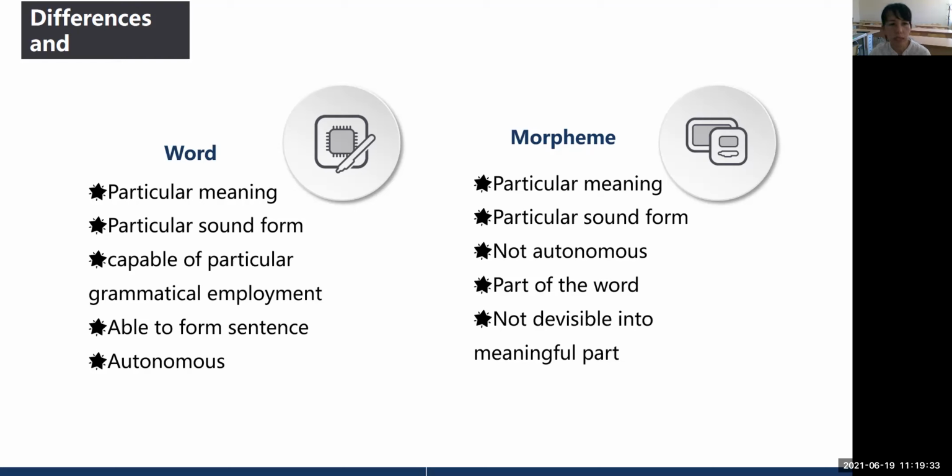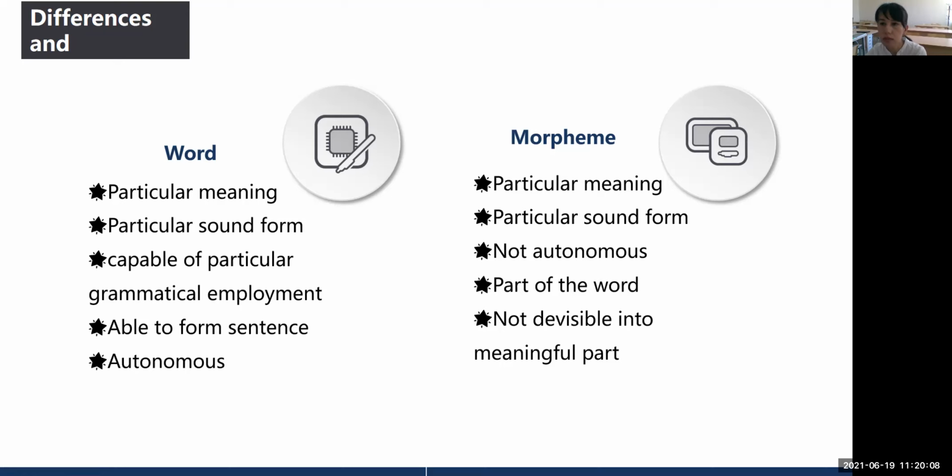So students, as you see, a word has its particular meaning and functions independently, but morphemes sometimes cannot function independently, and they are only added at the end or at the beginning of words. So sometimes they cannot be autonomous. The next one: words are able to form sentences.